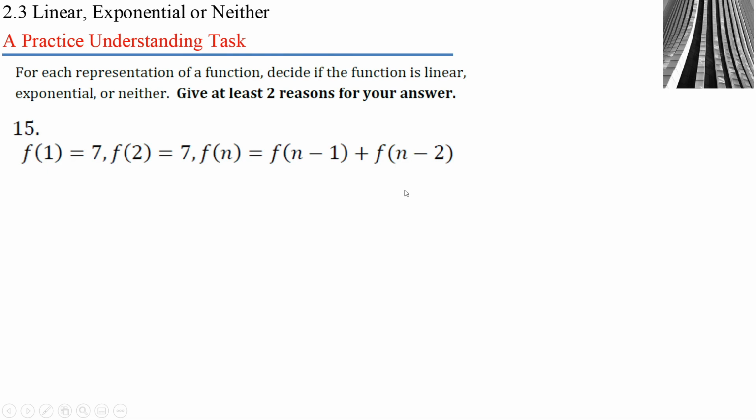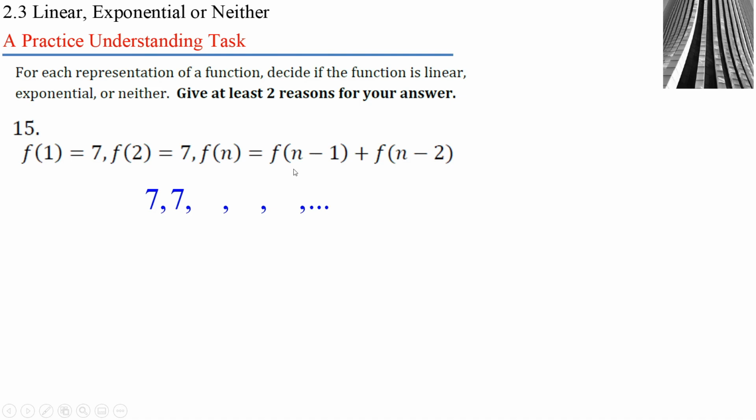So let's see if we can take this and create a sequence, and then we'll be able to answer the question. So f of 1 is 7. My first term is 7. F of 2 is 7. My second term is 7. Now, what's my third term? And this is why I needed two initial conditions.